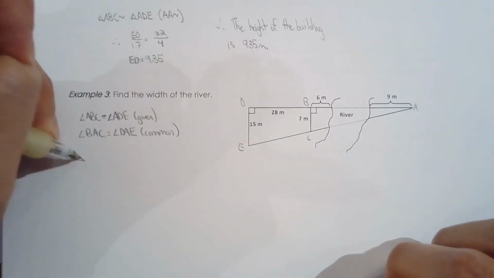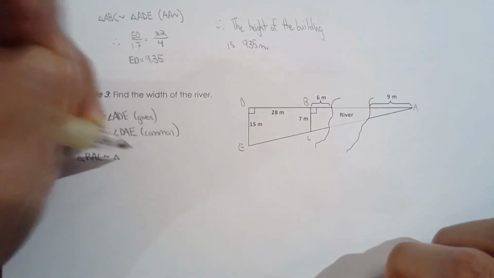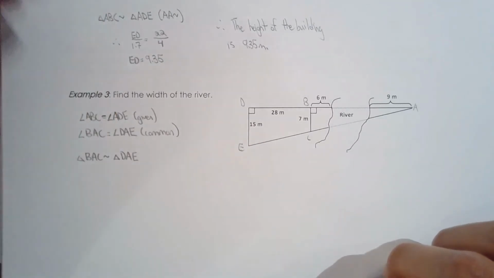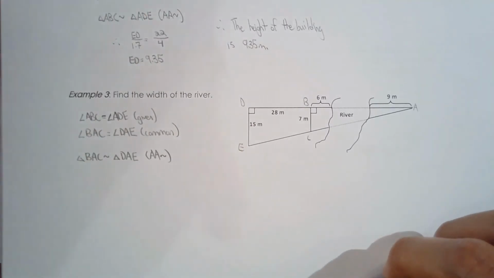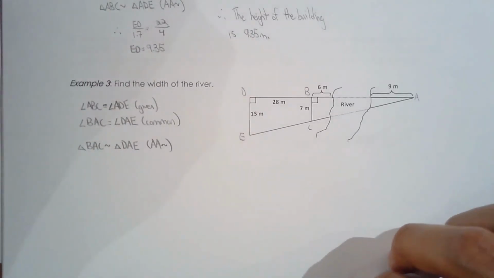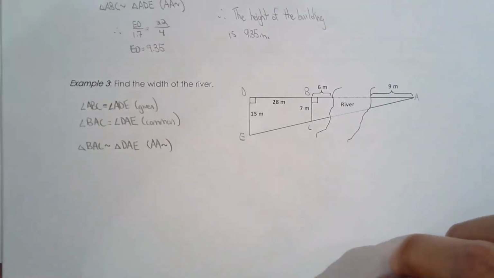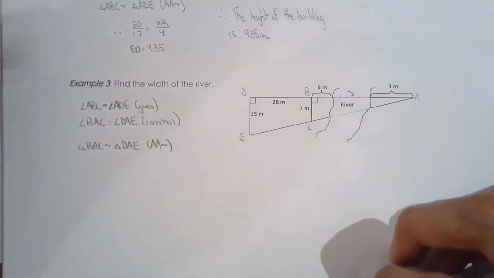So then we can say triangle BAC is similar to triangle DAE, and the rationale, the condition, is angle similarity. Now that I know, I can use the fact that the corresponding sides are proportional. By the way, I want to find the width of the river, so let's call this x. The width of the river is x.